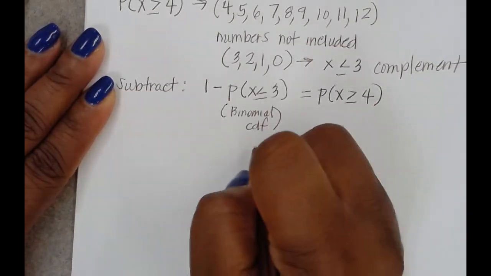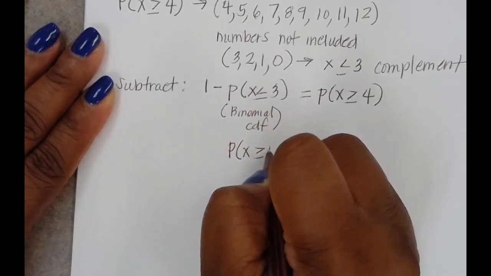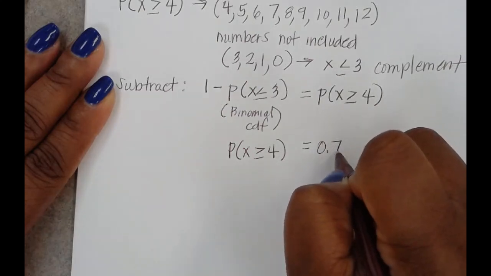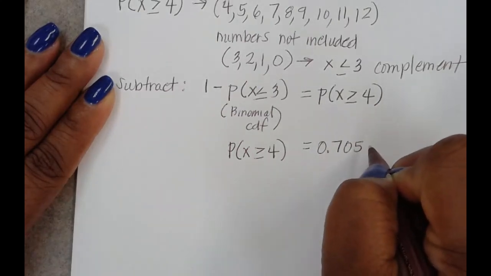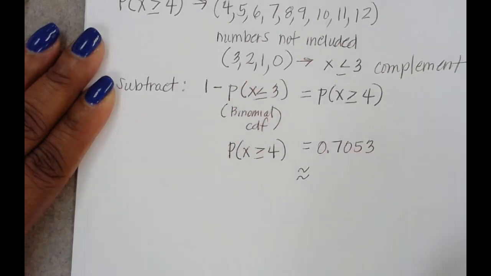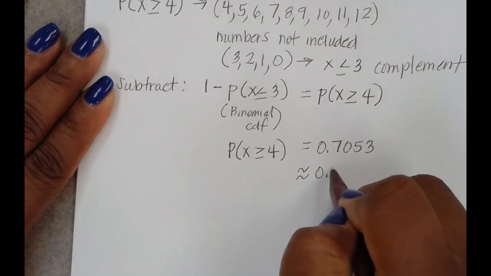So the P of X greater than 4 is 0.7053, rounded to the nearest thousandths, that's 3 numbers after the decimal, 0.705.